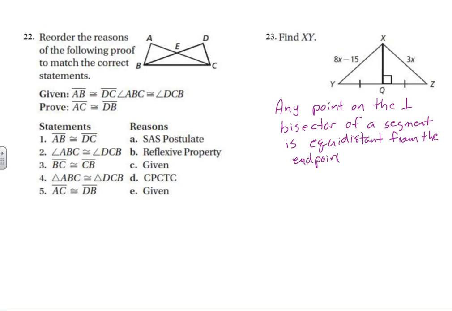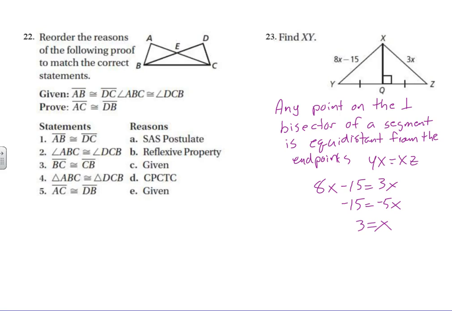Okay, so that means that YX equals XZ. So 8x minus 15 equals 3x. If we subtract 8x, we'd get negative 5x, divide by negative 5, and x would be 3.